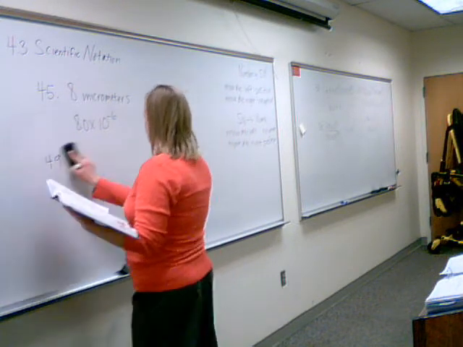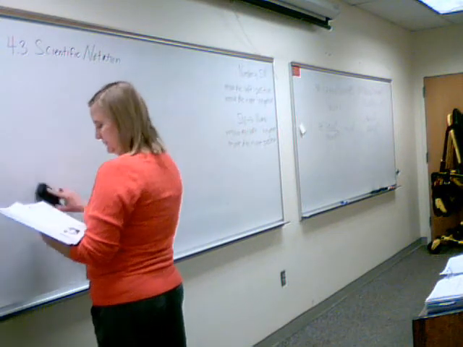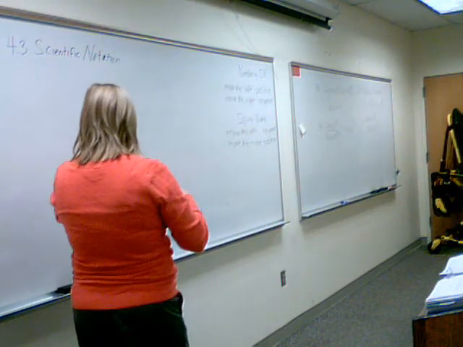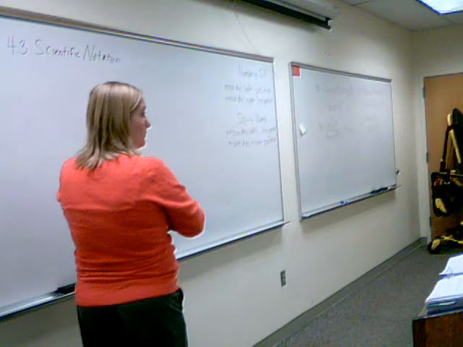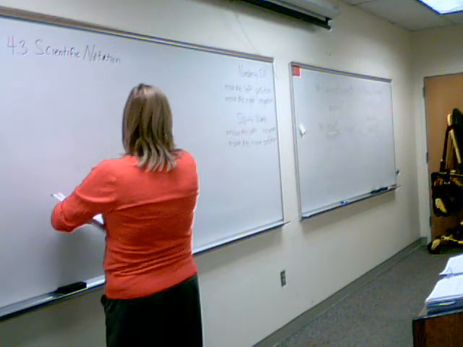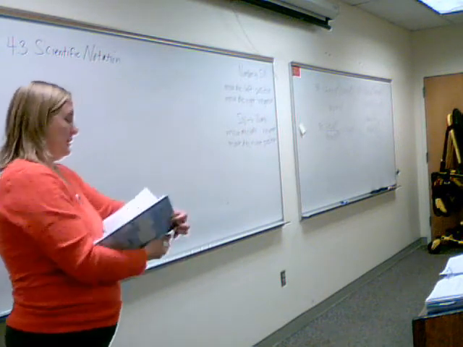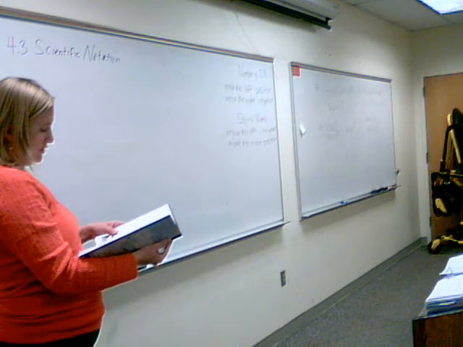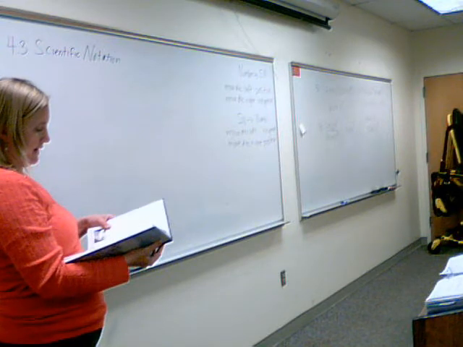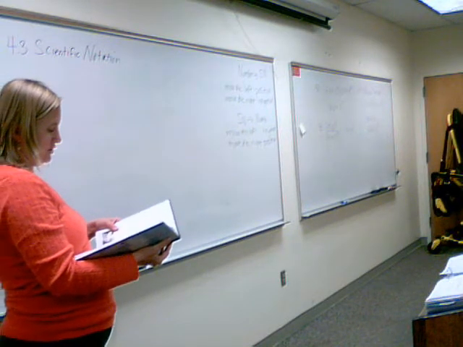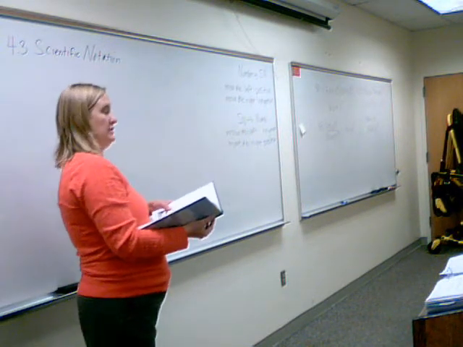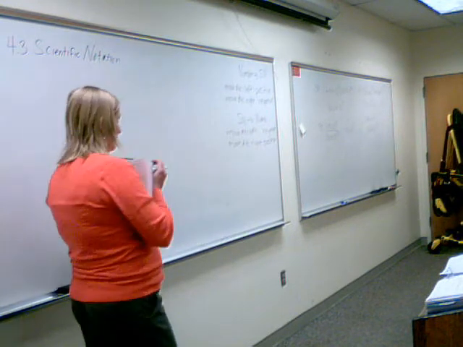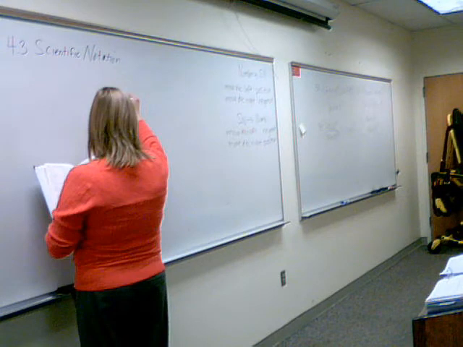So what kind of operation am I doing in this word problem? Division. Good. So which number am I putting on the top? The bigger or the smaller? The bigger.